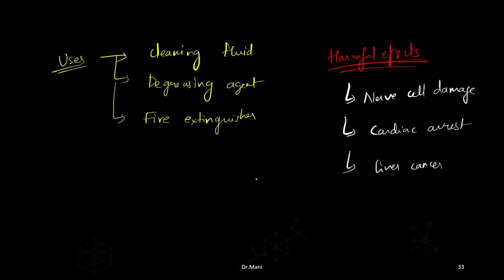Not only that, when a person comes in direct contact, it could cause dizziness and lightheadedness. It can also trigger nausea that could cause vomiting. So these are the side effects of tetrachloromethane.